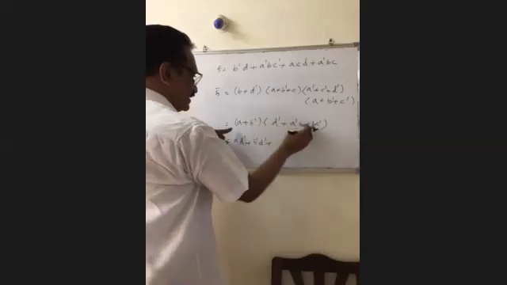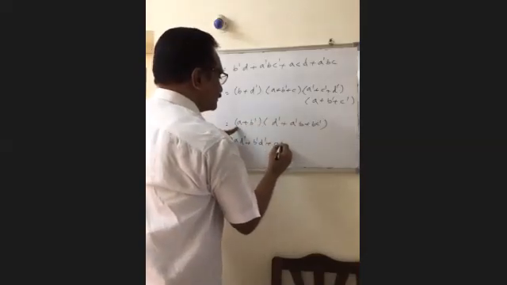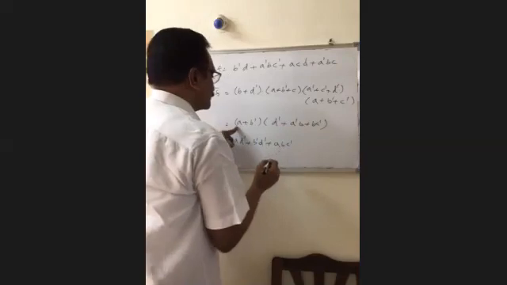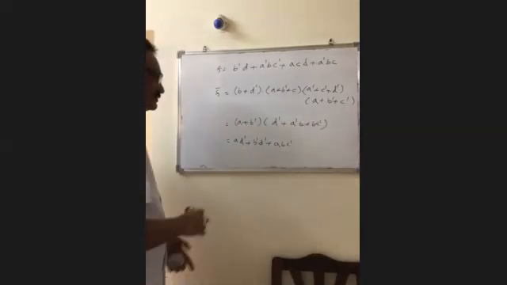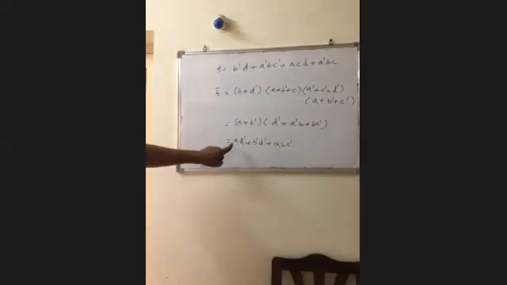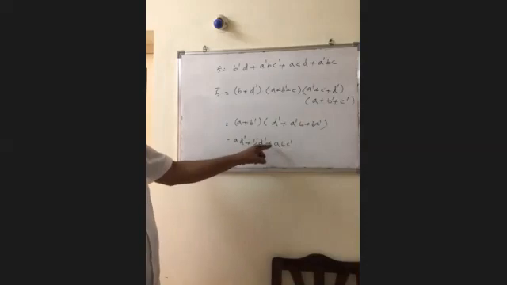Next A B C dash. Next B into B dash 0. So it contains only the terms A D dash plus B dash D dash plus A B C dash.